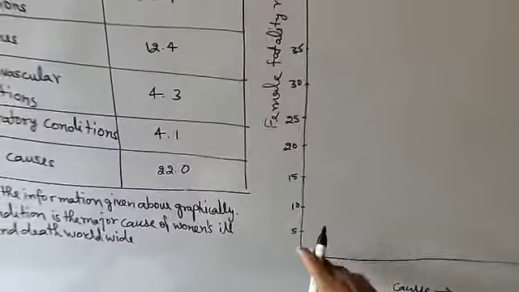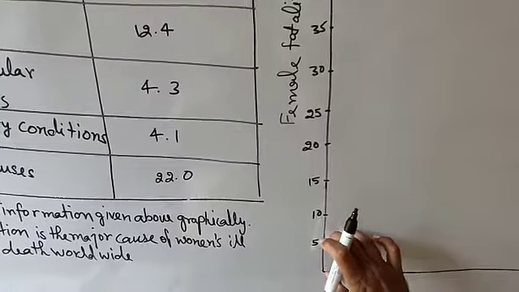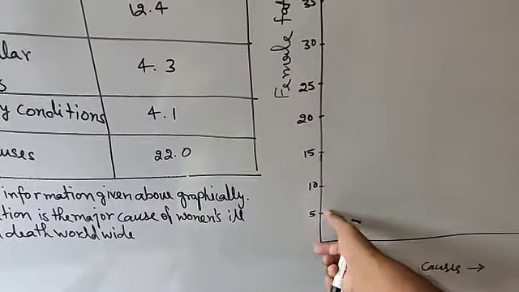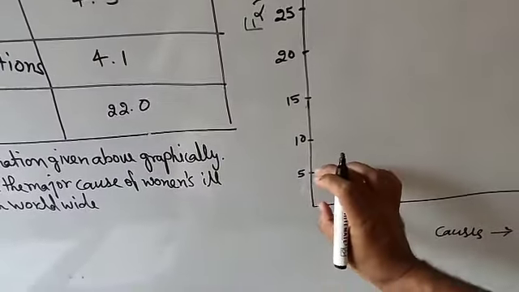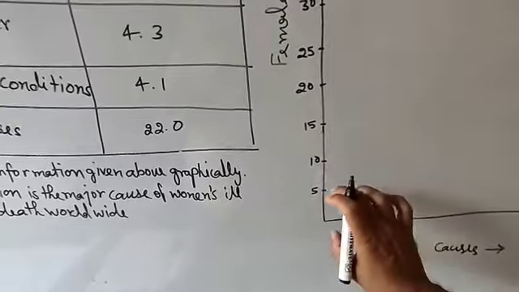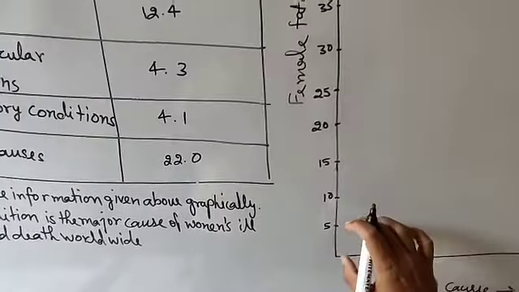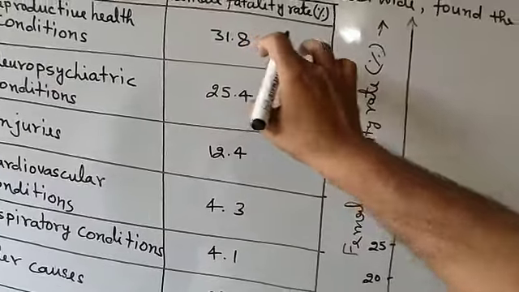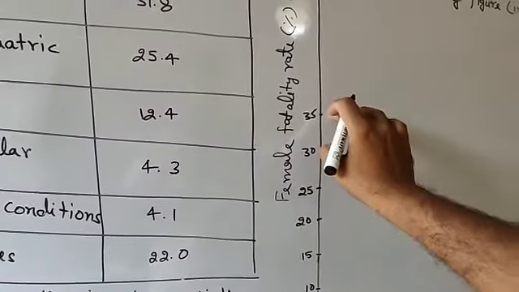Scale means here that distance I am going to take 5. Like 10 small boxes, 10 divisions equal to 5. You will find that 1 centimeter is divided into 10 equal parts. So I am going to take 10 divisions equal to 5. Then 5, 10, 15, 20. The highest value is 31.8. So I have represented up to 35.